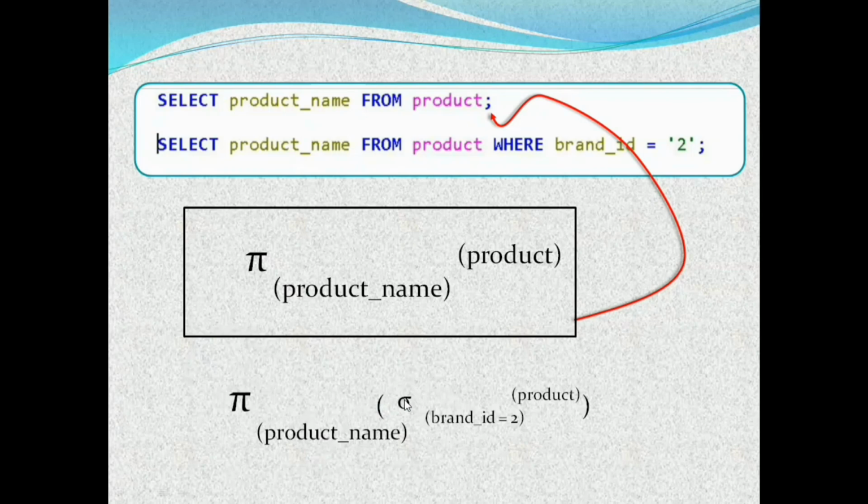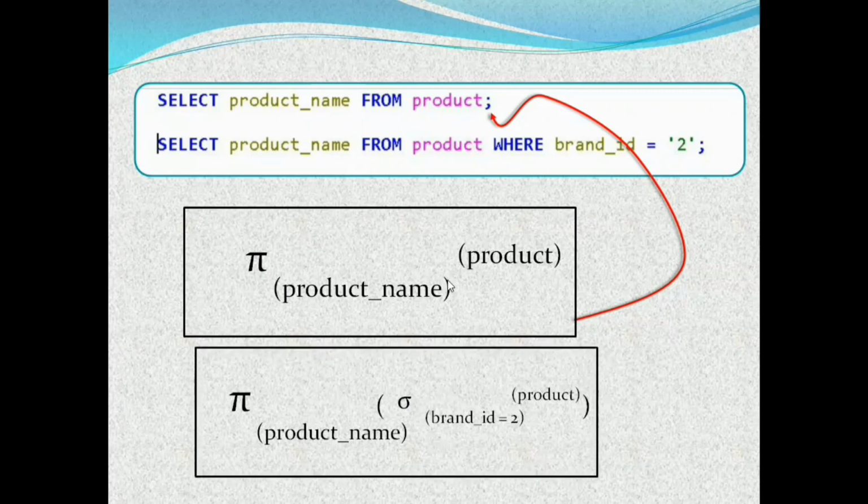So selection operator, and get these two brackets and the logic formula. And now we can find those details from the product table. So that is the relational algebra query for that second SQL query. So I will make that kind of a square for that and join it on there. And now you can clearly understand the first relational algebra query for the first SQL query and the second one also on there.